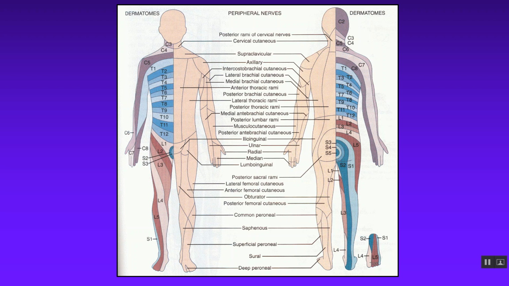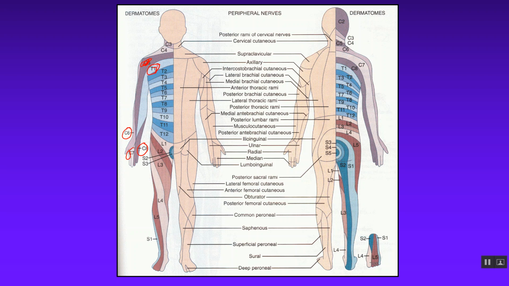So this is from your book, which I don't like very well either. On one side of the body, you see the dermatomes. The other side shows where it actually branches into the peripheral cutaneous nerve distributions. The ones I was pointing out as most important are C5, C6, C7, C8, T1 for the upper extremity.